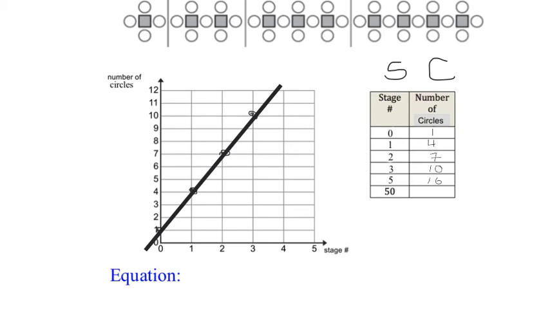Okay? So if that's the case, then C, which is the number of circles, equals 1, because that's how many circles I start off with at stage 0, plus 3 more circles each time I increase the stage.